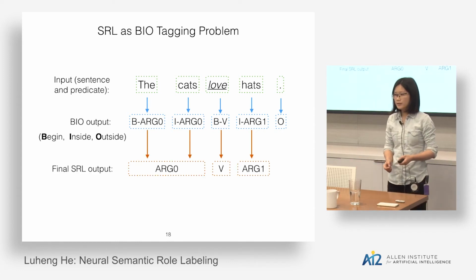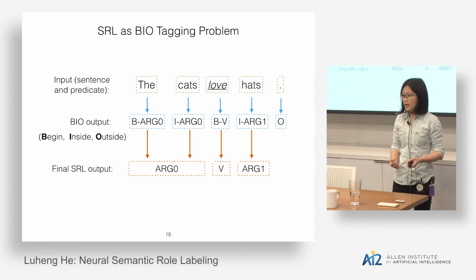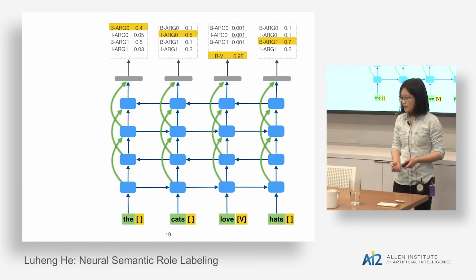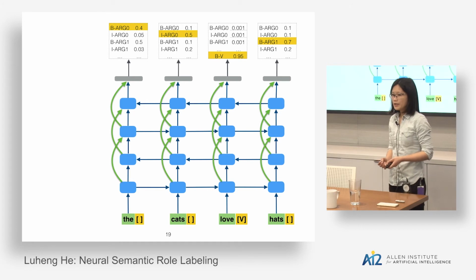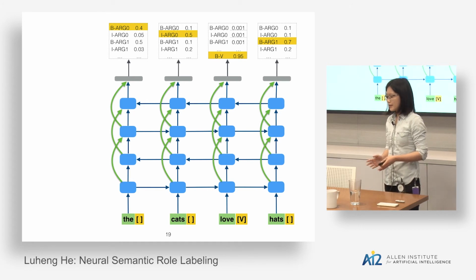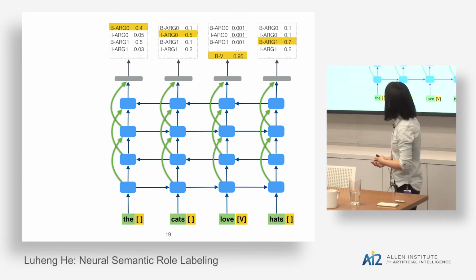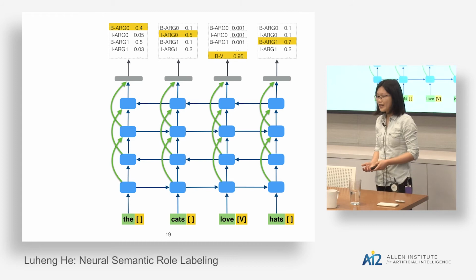And we can directly read off the final SRL span output deterministically. And this is an overview of our entire model. There are some implementation details left out, but basically 90% of the information we need to know to re-implement the model is contained in this picture.